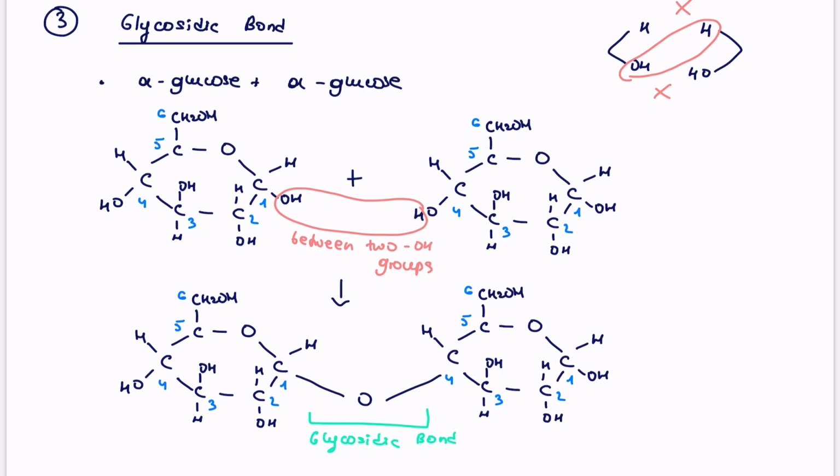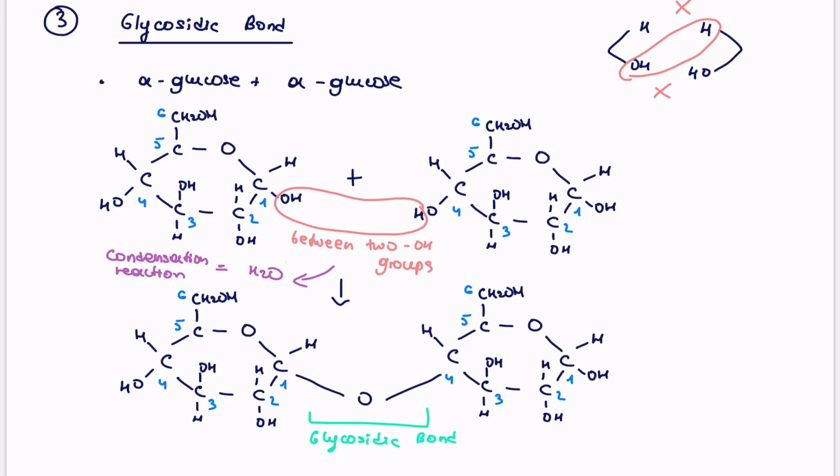We need to extend the bond coming from carbon 1 from one molecule and carbon 4 from another molecule, and you just join it by oxygen, which is the one left from the above. And this is how the glycosidic bond is formed. Practice drawing this out. And because a water molecule is formed in this reaction, it's classified as a condensation reaction.